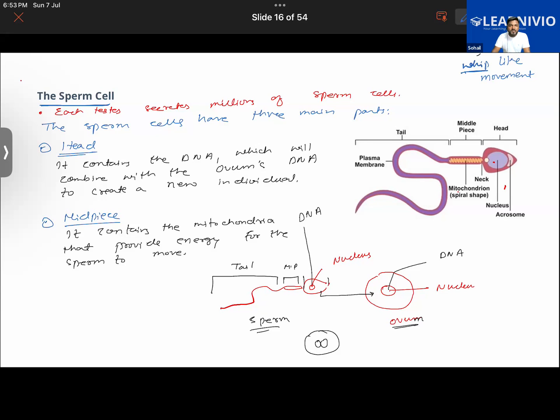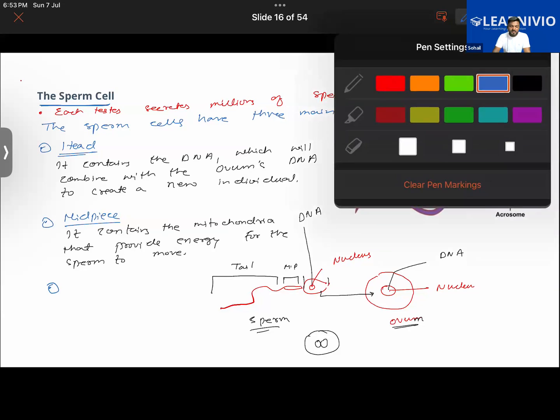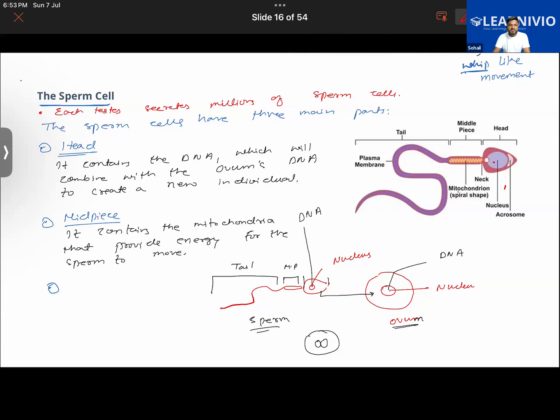So the tail helps to propel the sperm towards the egg. It helps to move it towards the egg, just like the tail of a fish helps it to move forward. In a similar manner, you can understand it.